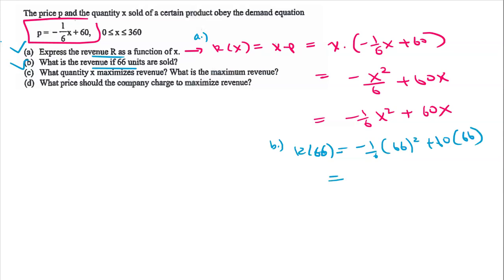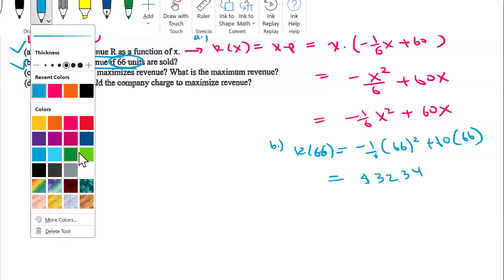So that gives us $3,234. So that means if they sold 66 units, they would make this much money.